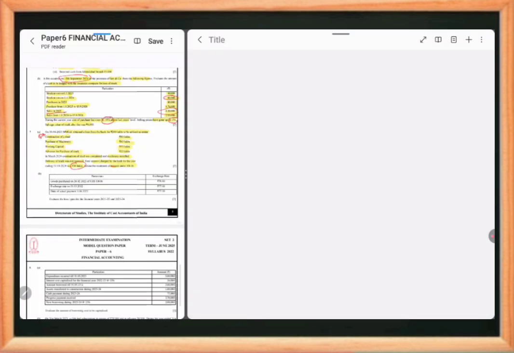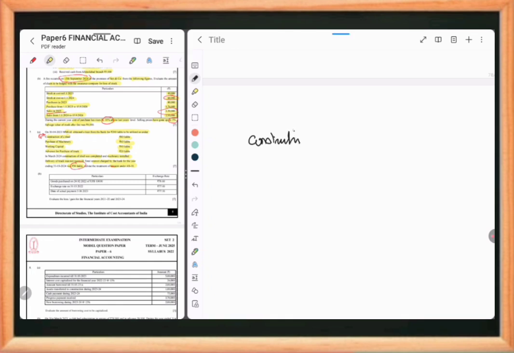So what is the total expenditure? Actually the construction of the shed, that is a qualifying asset, that is 80 lakhs. That is the purchase of machines, that is 60 lakhs.